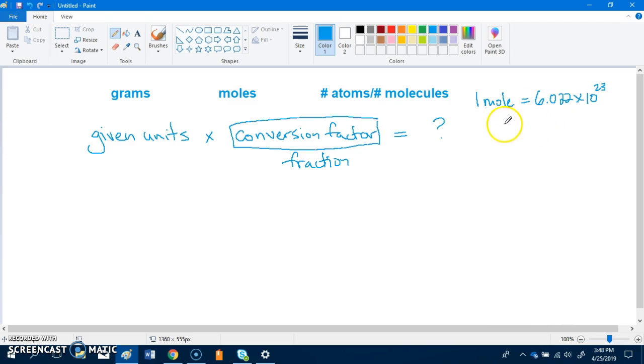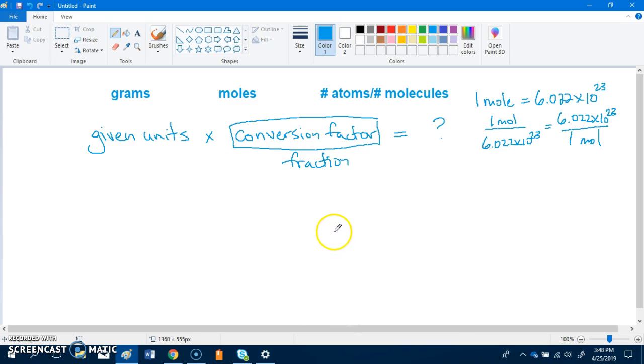To make it into a fraction, you're just going to put 1 mole over 6.022 times 10 to the 23 of whatever you're looking at, atoms or molecules. But you can also write it with the 6.022 times 10 to the 23 on top and the 1 mole on the bottom. The decision point is which one of the factors to use. Which one are you going to put on top and which one you are going to put on the bottom. So that's your conversion factor that you put here.